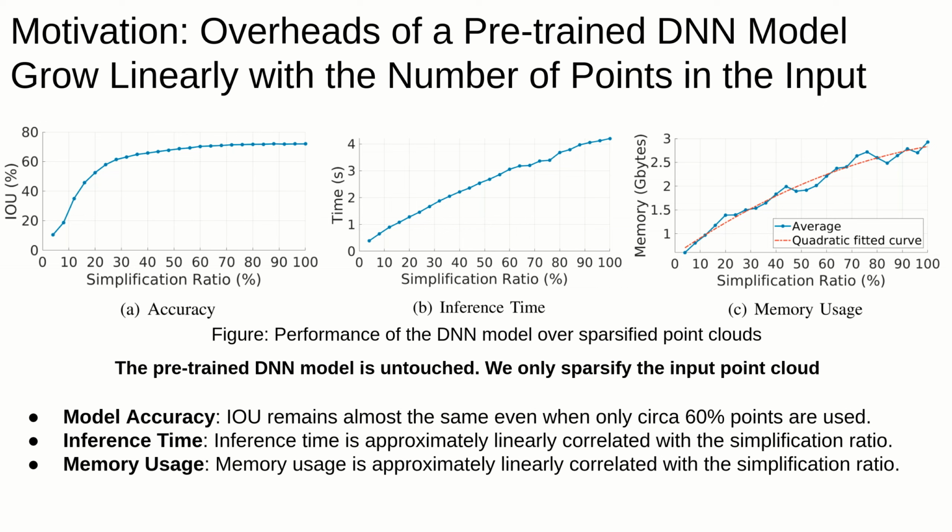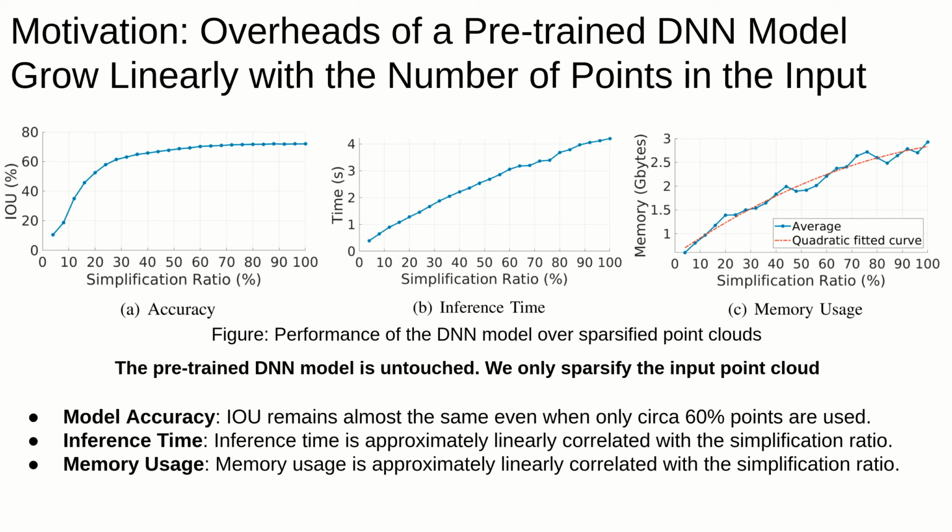This slide plots the measurement results. Figure A shows how the accuracy of the DNN model changes versus the simplified point cloud. The performance at 100% simplification ratio represents the model performance without data simplification. We can see from Figure A that the IoU remains almost the same, even when only about 60% of points are used.